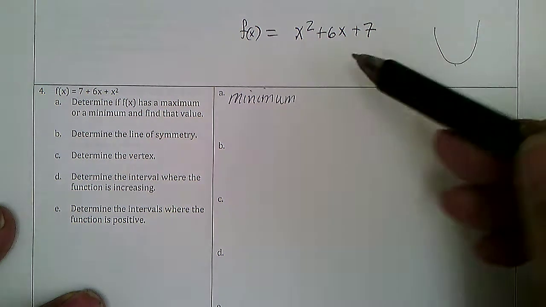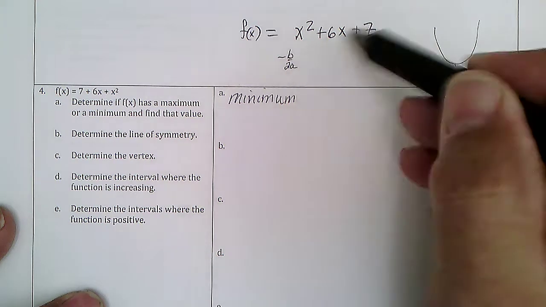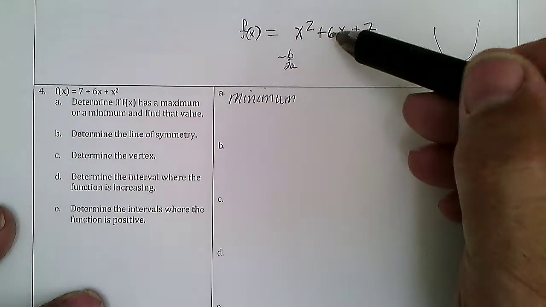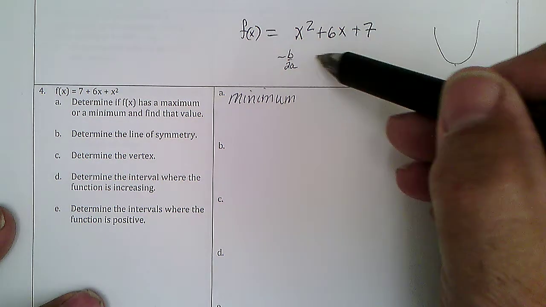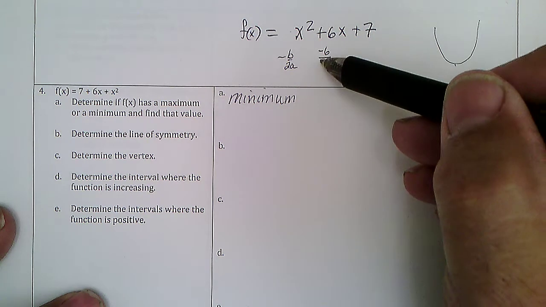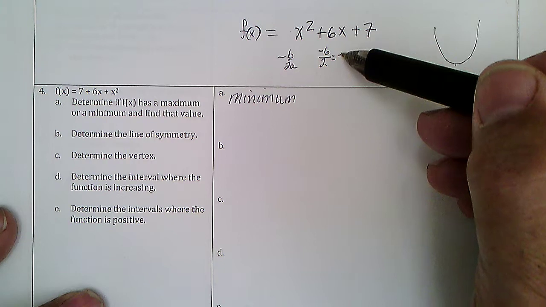It will happen at minus b over 2a, or we could factor this to try to find it, but I'll just do this. So the opposite of b would be -6 divided by 2 times 1, which is 2. So it happens when x is -3.